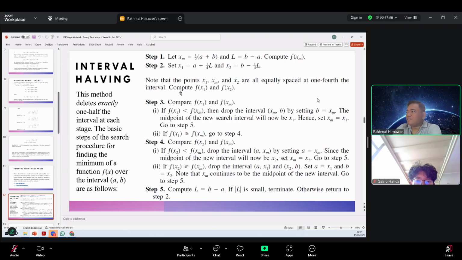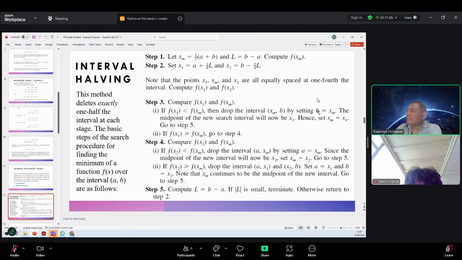And then you go to step 3. Compare fx1 first with fxm. See which one is lower. If fx1 is lower than fxm, that means you want to be on the lower side. That means drop the interval xm to b, so above xm you need to eliminate. Previously it was b, now xm becomes b.